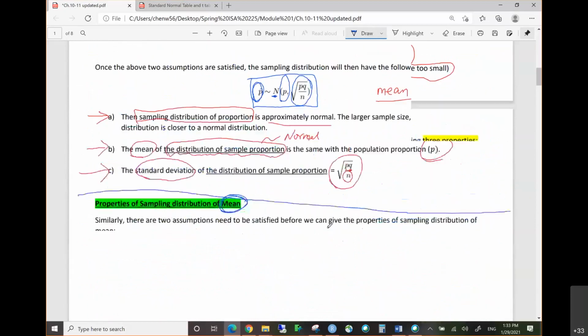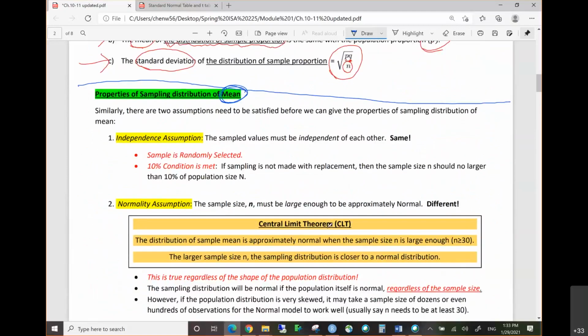Again, we still want to check whether this distribution is normally distributed, so we still need to check two assumptions: independence and normality. For the independence assumption, you check the same thing.